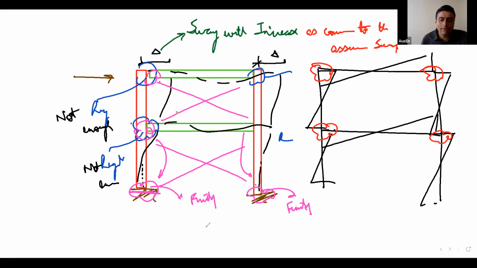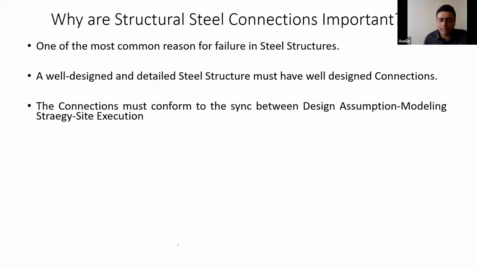Right. So it is very important that this sync is maintained. I hope you have understood what I wanted to say. We spent significant time on discussing this point, but I think you have understood. Very important point whenever we think about connection design.